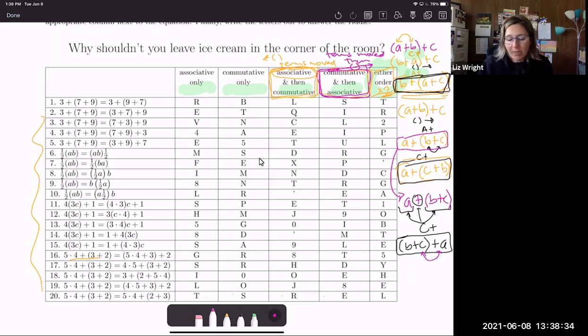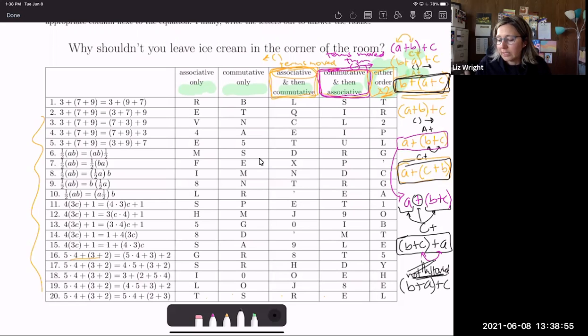You have to change the parentheses first and then move things around. So taking C and doing it like this, where now I'd have B plus A plus C, is not allowed. Don't try to do that.